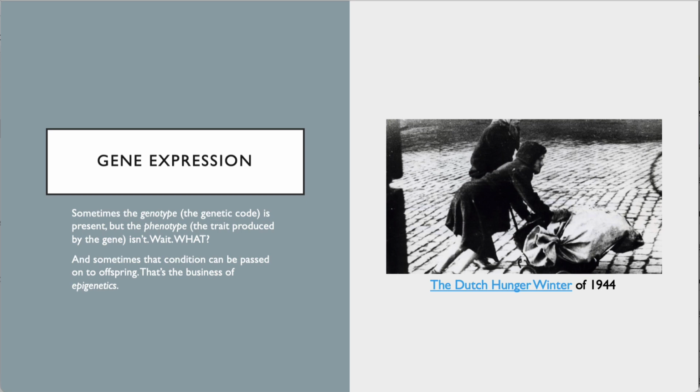And when they stopped the trains, everybody there died, or at least had severe famine during the winter of 1944. And people who survived that, pregnant women in particular, had terrible effects from it.